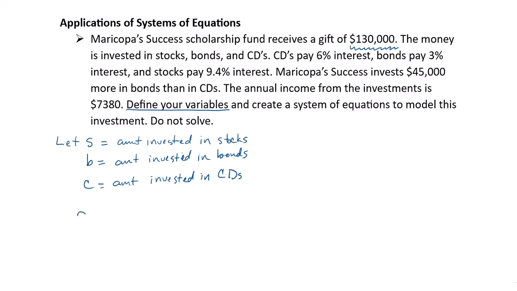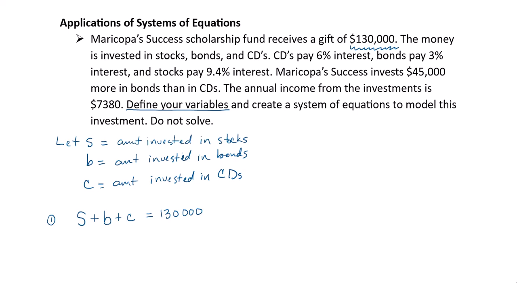We have the amount invested in stocks, represented by S, and we add to that the amount invested in bonds, represented by B, and we're adding to that the amount invested in CDs, represented by C. If we add up those three amounts, it's going to equal the $130,000 gift that the scholarship fund received. So that's our equation 1.